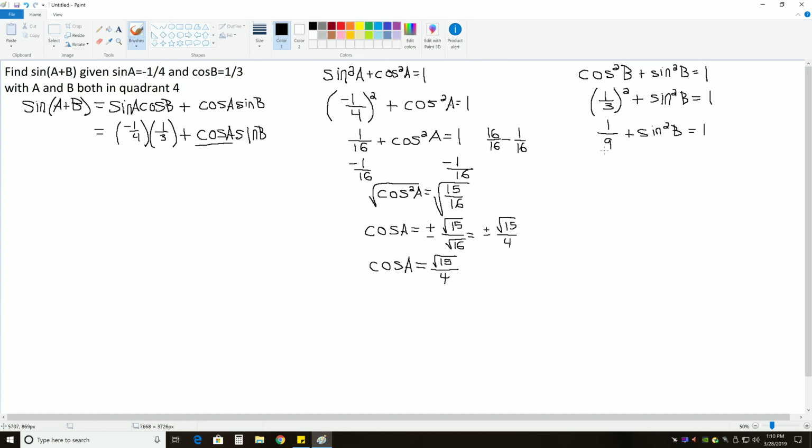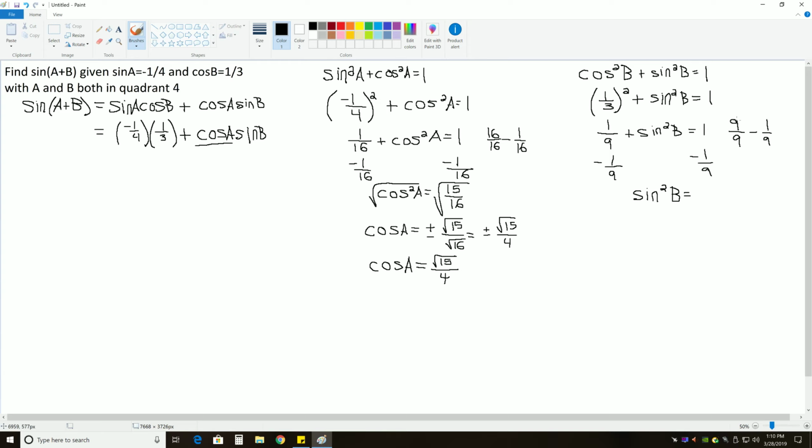And now to get sine squared b alone, we will subtract 1/9 from each side, which gives us sine squared b equals, and now going right back to what we did over here with the 16 denominator, we now have a denominator of 9, which means 1 minus 1/9 is the same thing as 9/9 minus 1/9.